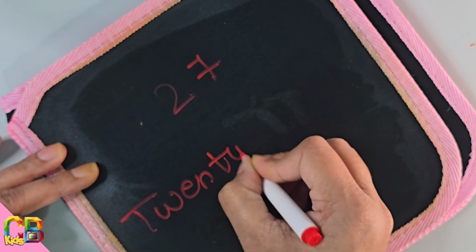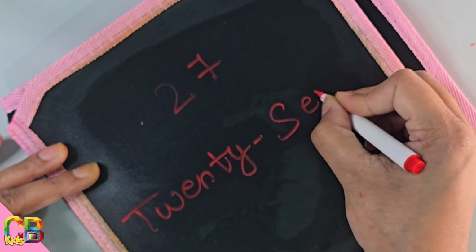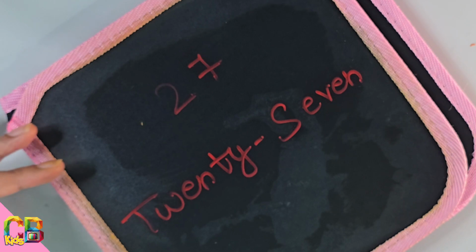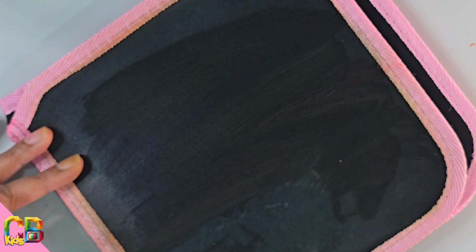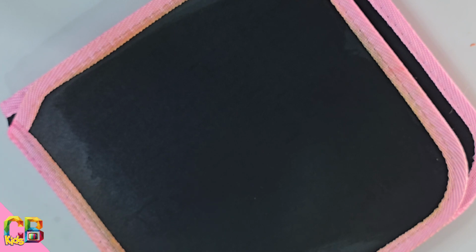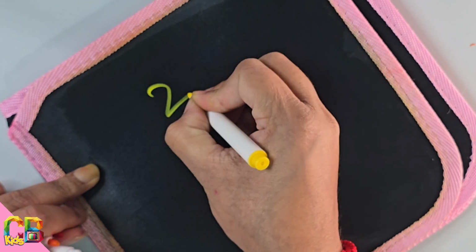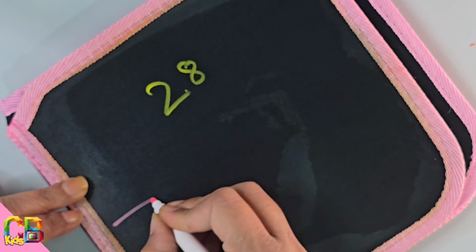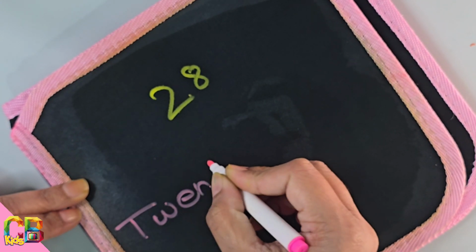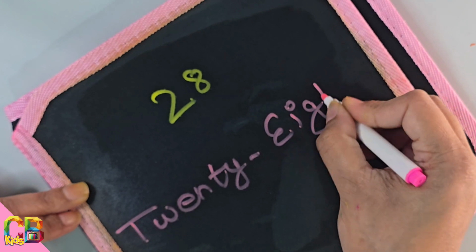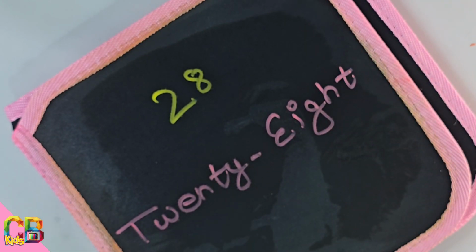Okay, 2 and 7, 27. TWENTY, 20, SEVEN, 7, 27. Now let's move to another number which is going to be 28. 2 and 8, 28. And the spelling is TWENTY, 20, EIGHT, 8, 28.